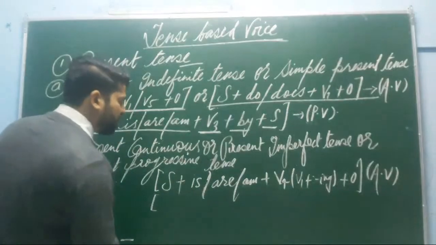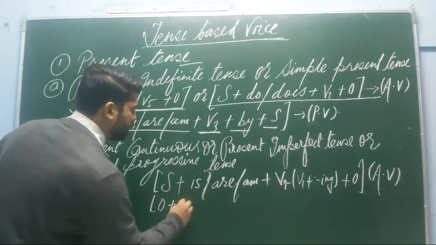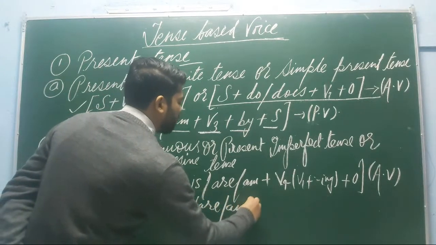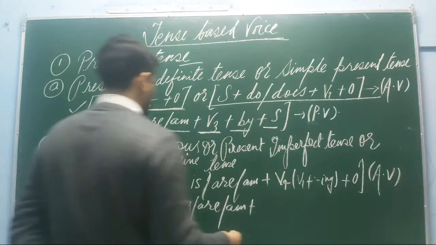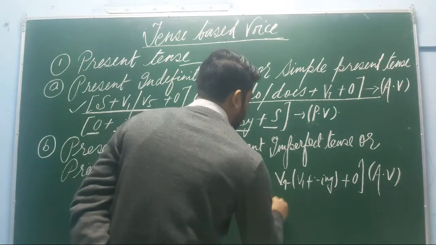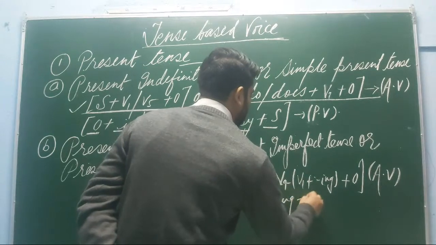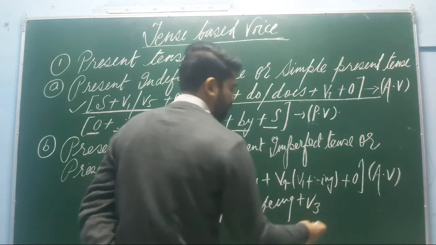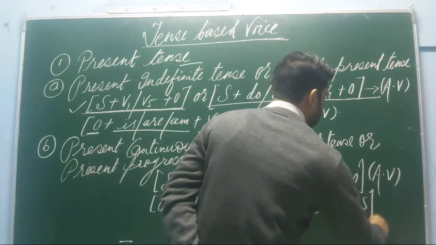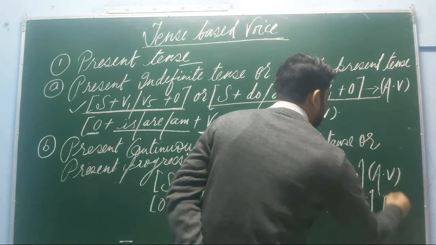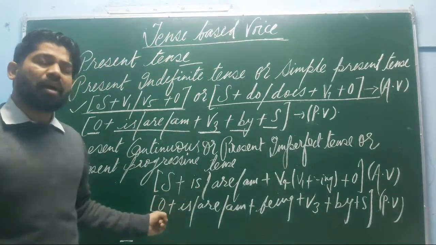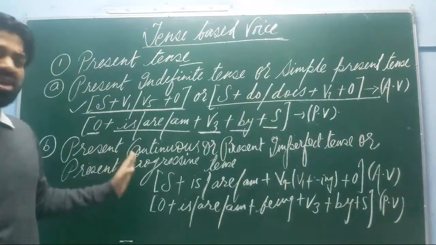So what structure will it have? Object plus is, am, are plus being plus V3 plus by, then last subject. This one is for the passive structure. So this one is the structure for the passive voice for the present continuous tense.